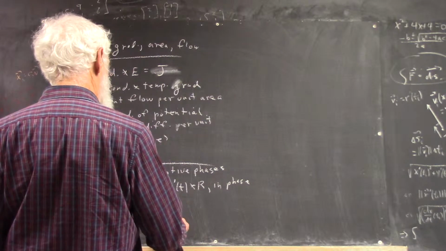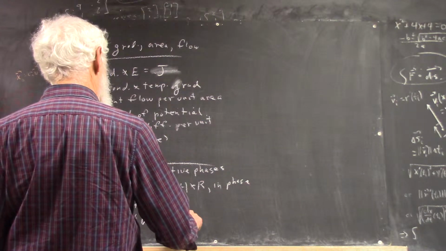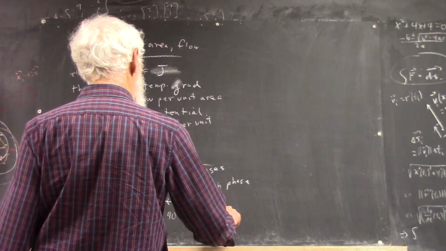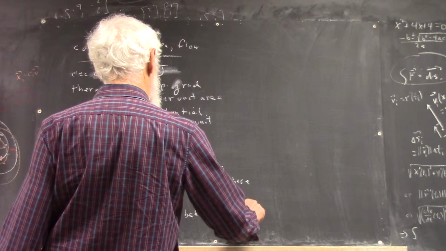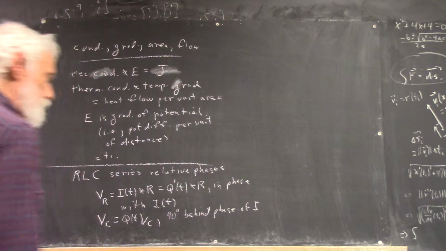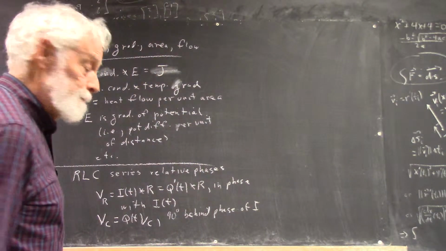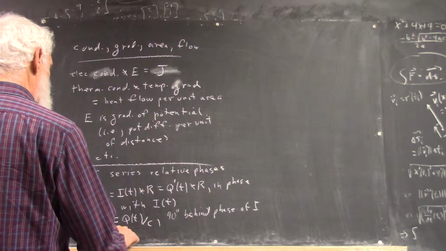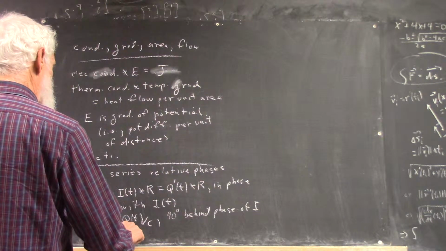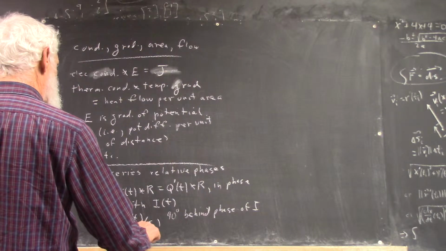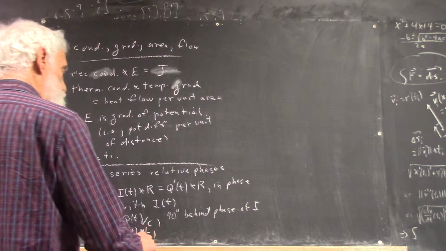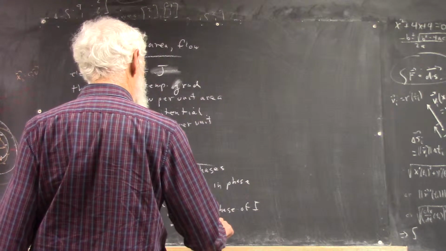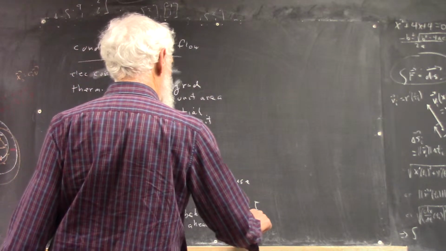And this is 90 degrees behind the phase of I, and VL is Q double prime of T times L, and it's 90 degrees ahead of the phase of I.